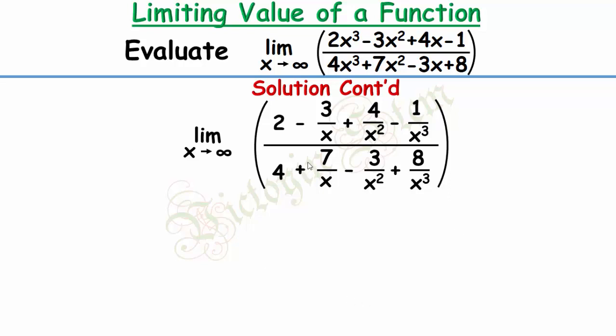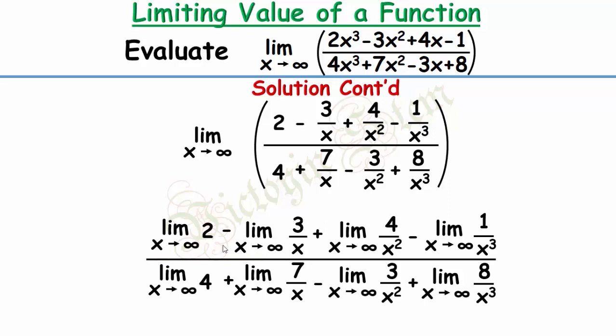Now, from the value we have here, we need to find the limit as x approaches infinity of each and every one of the 4 components of the numerator and each and every one of the 4 components of the denominator. So I'll write it out this way.